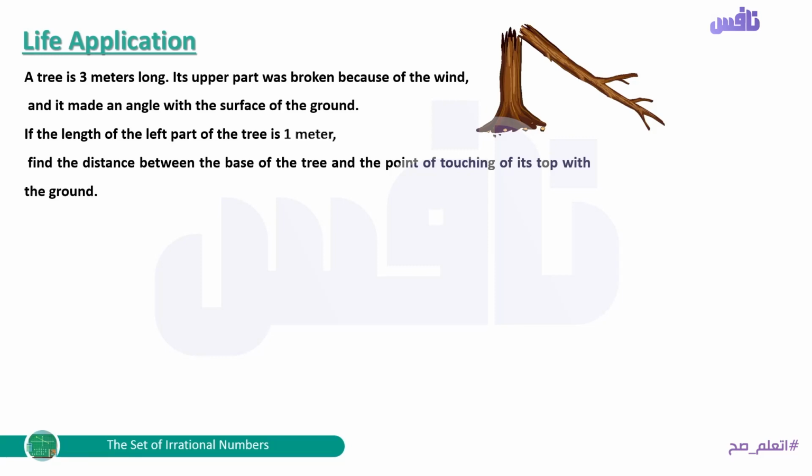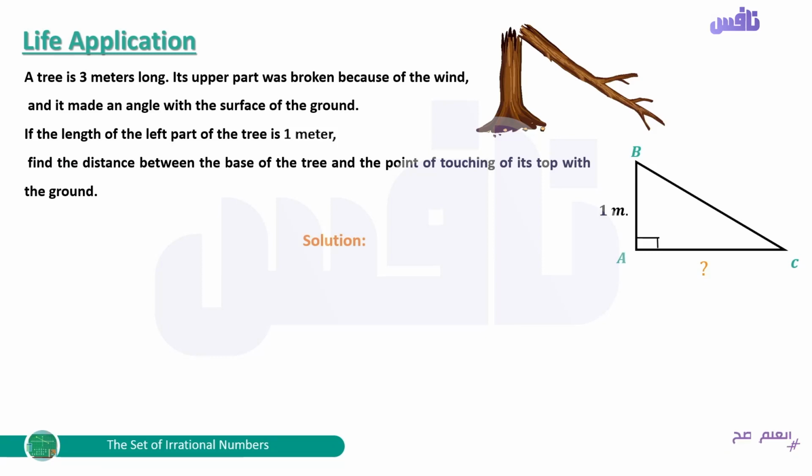We can represent this figure by a right-angled triangle like that. This is the left part of the tree, which is 1 meter, okay? So the length of the tree was 3 meters. The length of the tree here is AB plus BC. So AB plus BC equals 3 meters, okay?